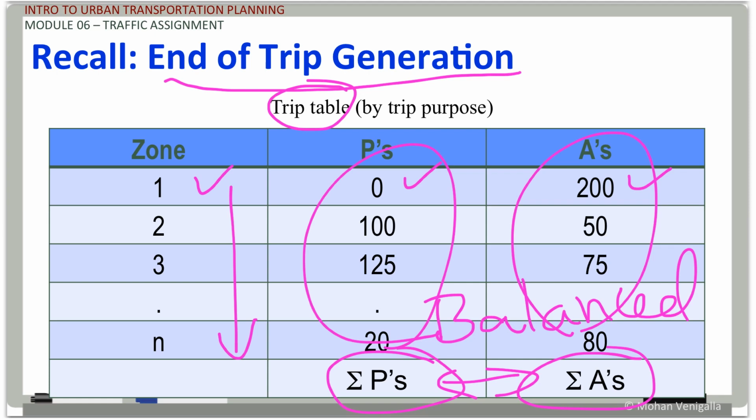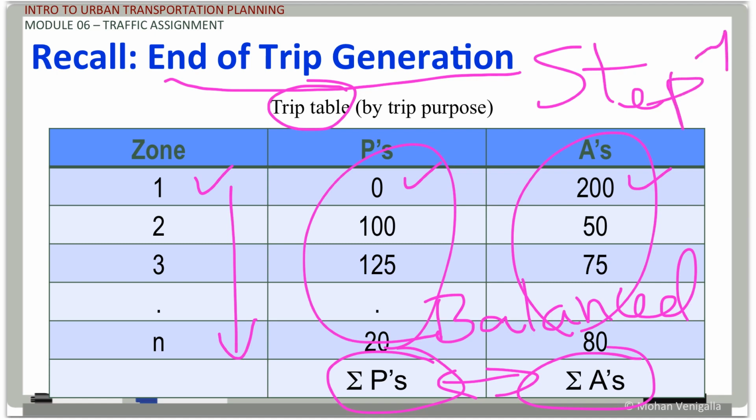Because we have a sequential process, the output of trip generation is going to be input of step, wait a minute, not step 3, this is module 3. So this is step 1. Okay, I know I misspoke.